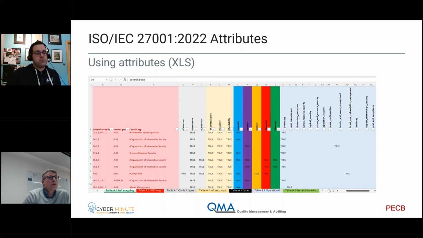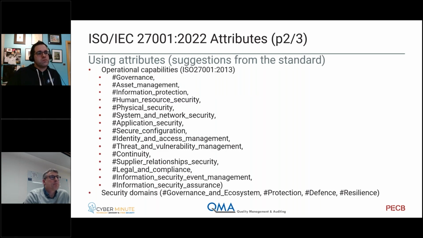Yeah. I think also working with the attributes will help you detect which relevant parties internally need to be involved in implementing your management system. If you look at governance, asset management, human resource security, the legal part, you really see which departments or which processes you need to successfully implement a management system where everybody's involved and not only IT.